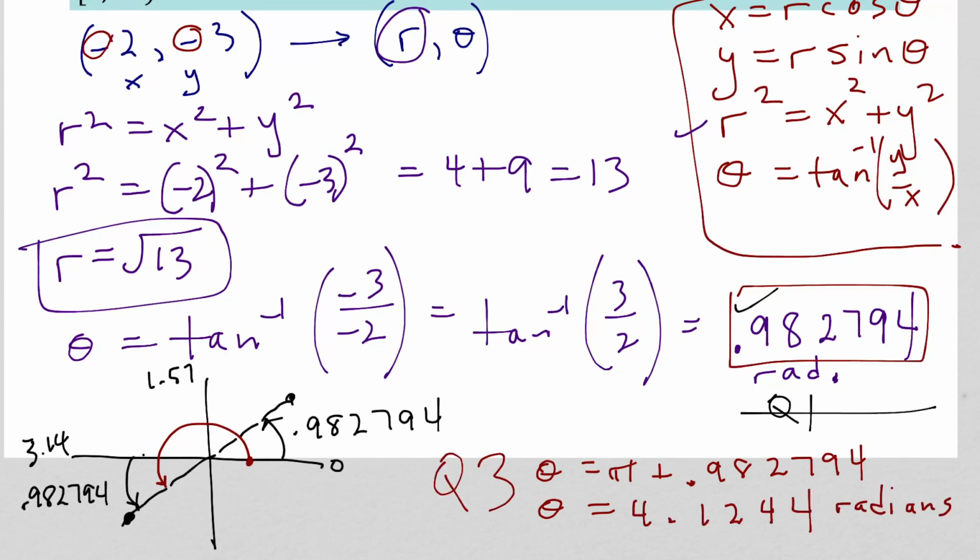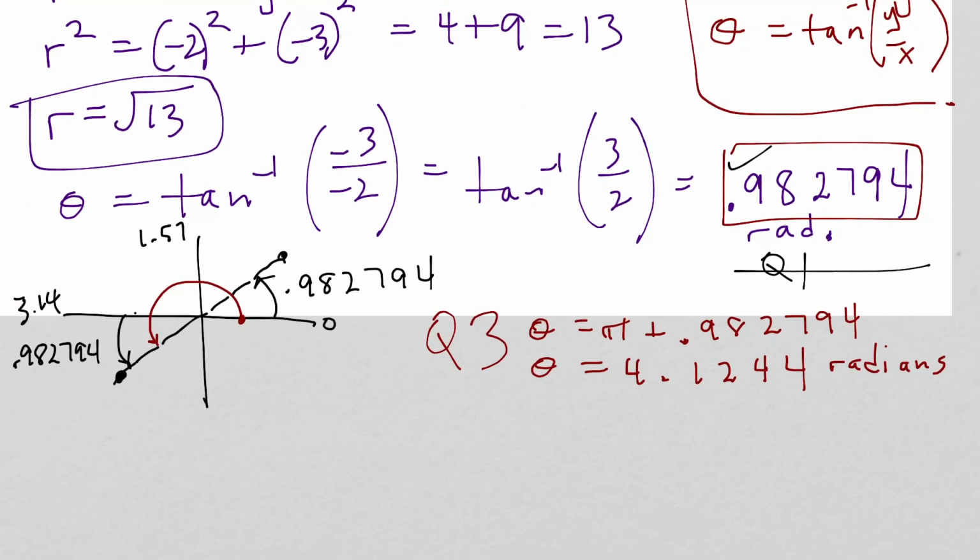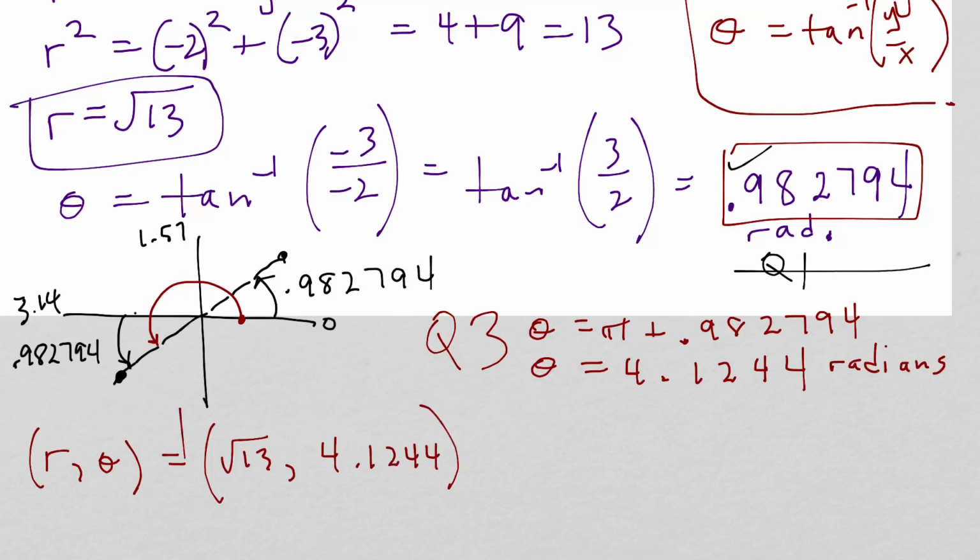When I add pi to it, I get 4.1244 radians. So my final answer, my coordinate pair r theta, is root 13, comma 4.1244 radians.